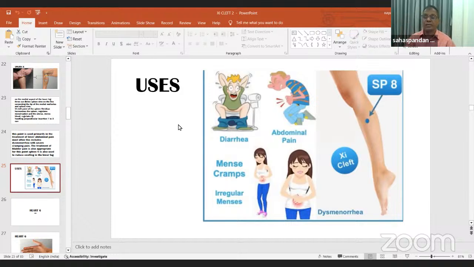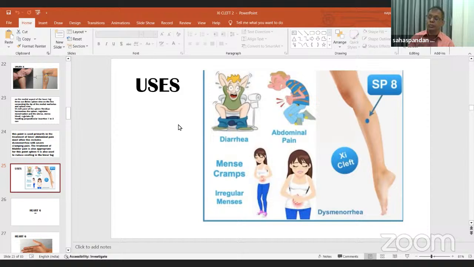So this point is used for the diarrhea. Diarrhea is often caused by the spleen rebellious chi. This one is also used for abdominal pain.